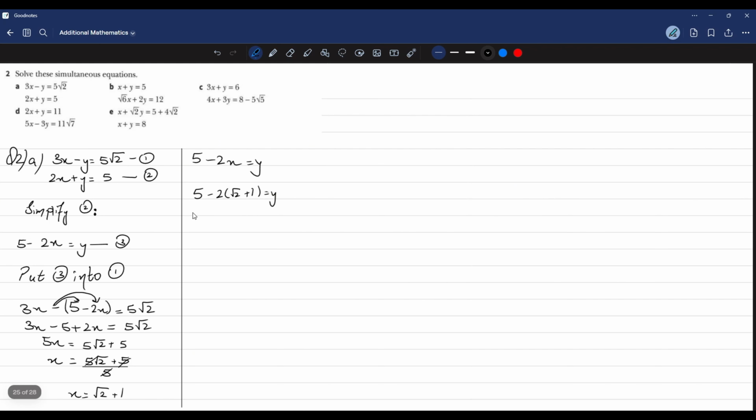So basically what we're going to do is we are going to say that 5 minus 2 under root 2 minus 2 is equals to y. And then 5 minus 2 is 3. So 3 minus 2 under root 2 is equals to y. And that's it. These are the values of our answer highlighted here.